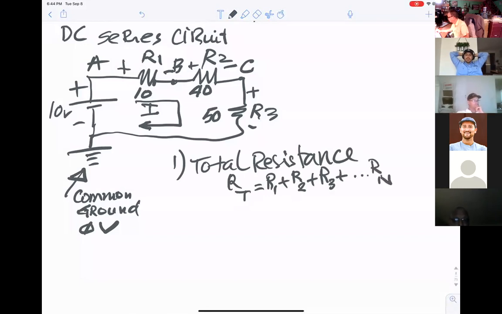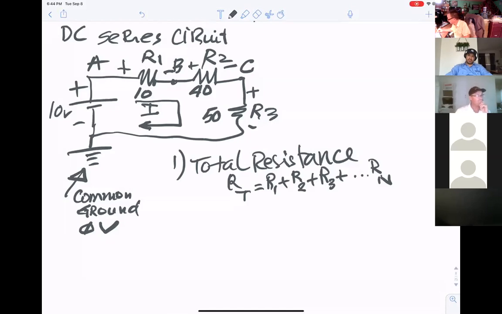Do you understand what Rn means? Yes, the number of resistors in the circuit. In a series circuit, no matter how many more resistors there are, keep adding them up.